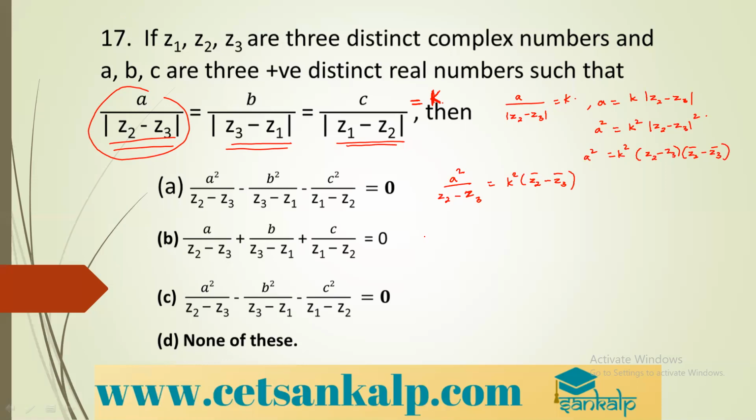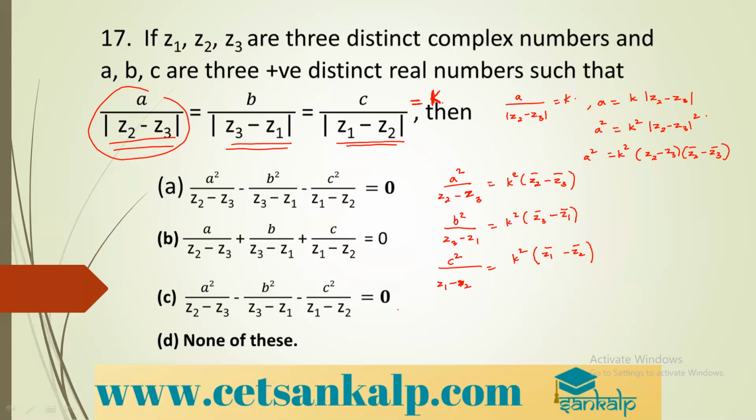Similarly, if I do B square by Z3 minus Z1, I will get K square into Z3 bar minus Z1 bar. And if I do C square by Z1 minus Z2, same pattern, I'll get K square into Z1 bar minus Z2 bar.